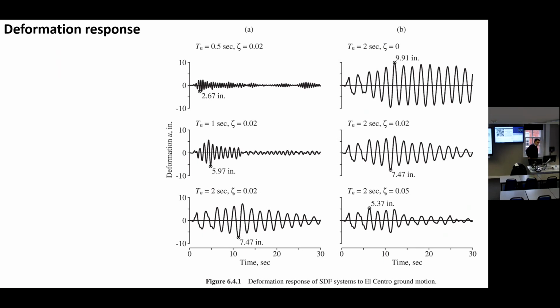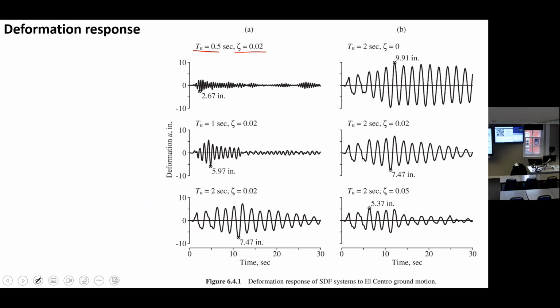This is another example. You can produce these examples with the Excel spreadsheet from last week. For example, this is the response of a single degree of freedom system with a natural period of 0.5 and 2% damping.